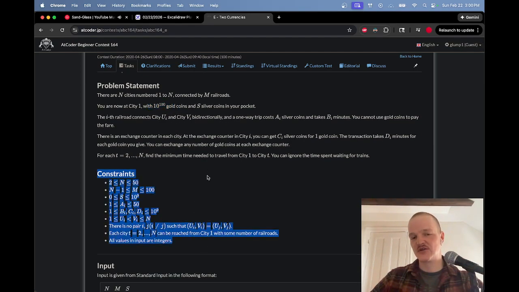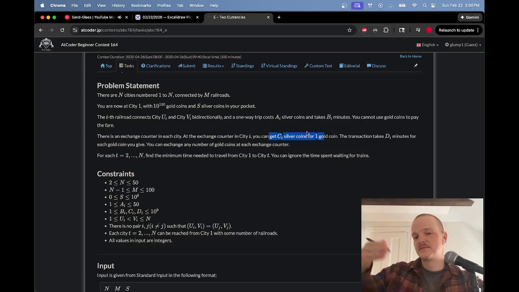We can just look at the constraints, and we barely even have to look at them. What they want us to see is that this is completely irrelevant. We don't need to keep track of this. We just need to keep track of how many silver coins we have at any given point. And really C_i doesn't represent an exchange. It just represents a rate of increase of silver coins.